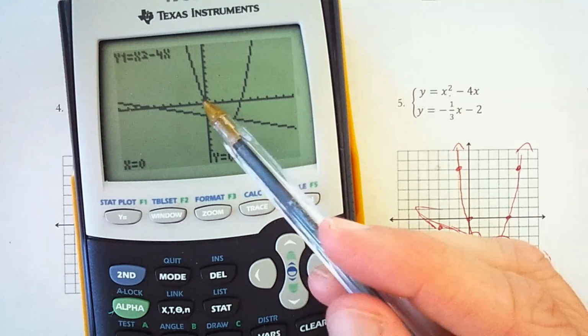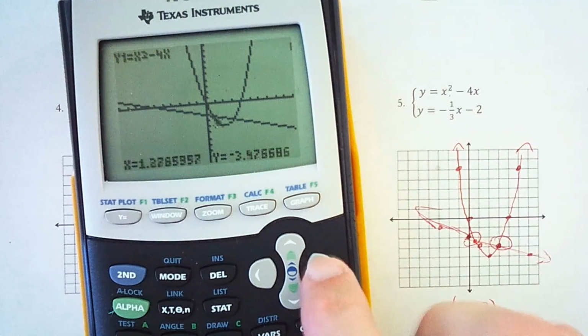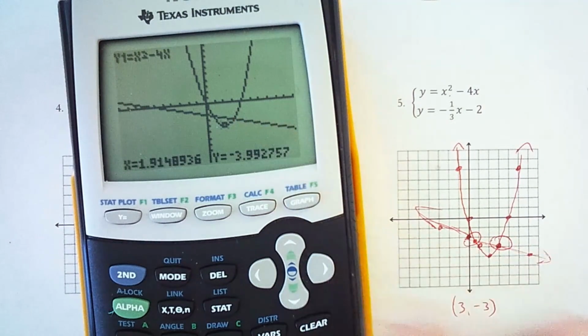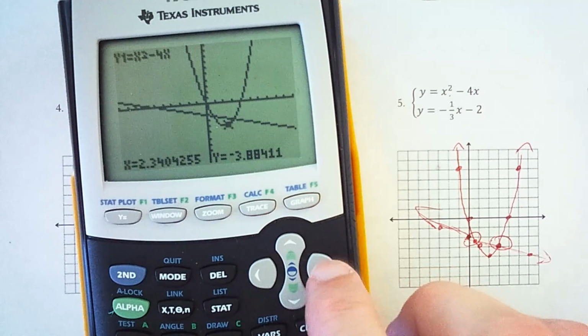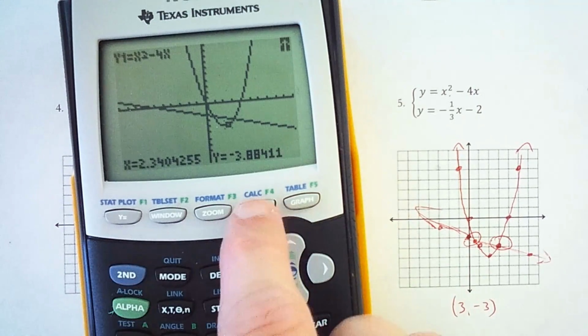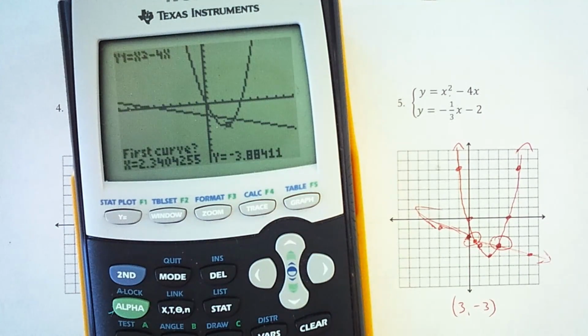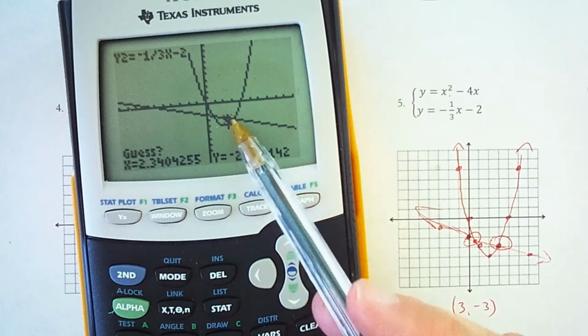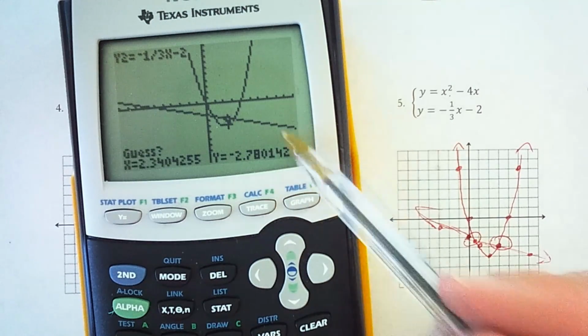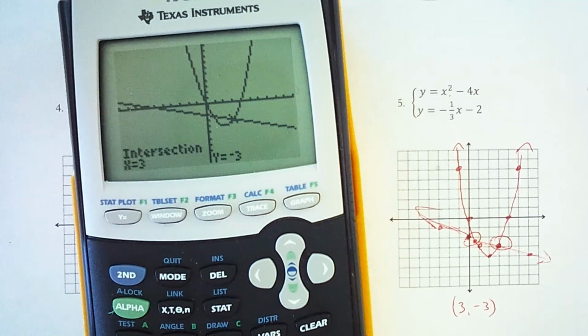So we'll hit trace and take this cursor over here closer to this point of intersection. And we'll hit second calc option 5 and first curve, second curve. And now it's going to give us the one closest to that point that I'm on right now. And that is 3, -3, just like we thought.